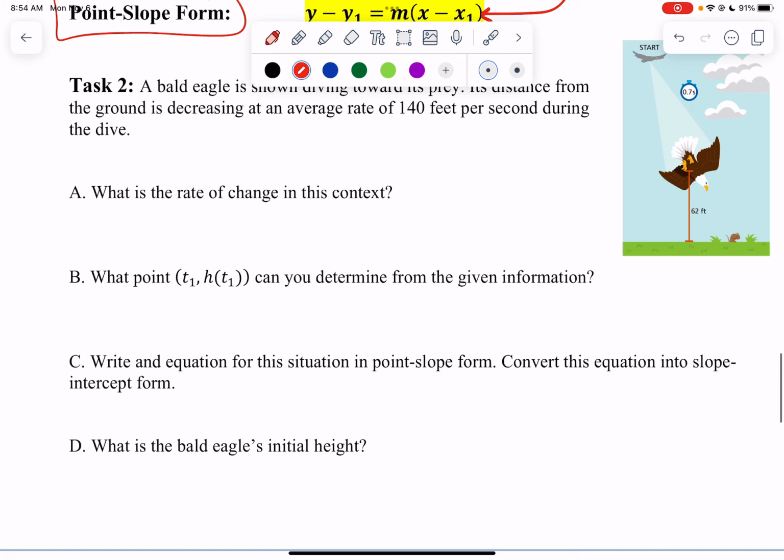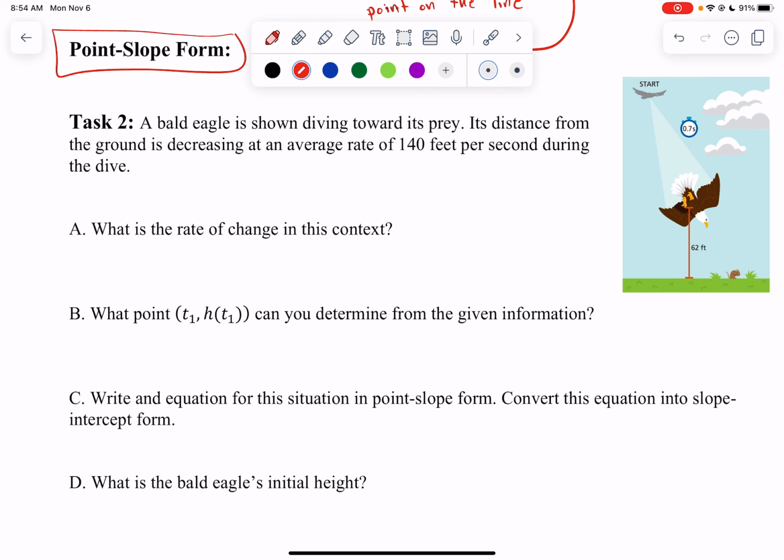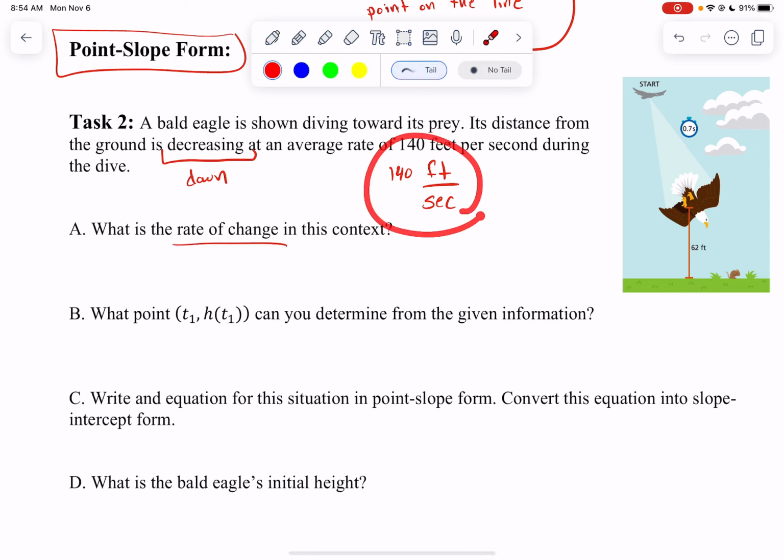Okay, so here's how that is used. We're going to go ahead and do task 2. A bald eagle is shown diving towards its prey. Its distance from the ground is decreasing, so that's going down, at an average rate of 140 feet per second during the dive. So what is the rate of change in this context? It's going down, so it's going to be negative.